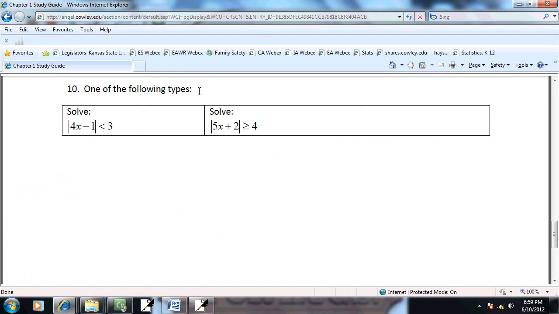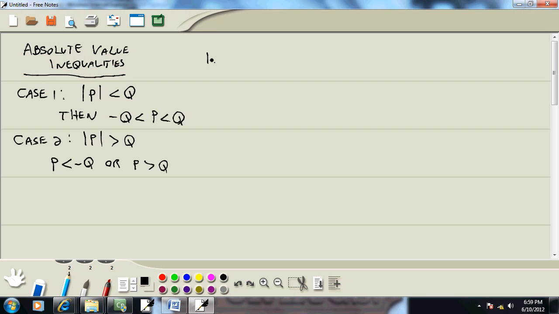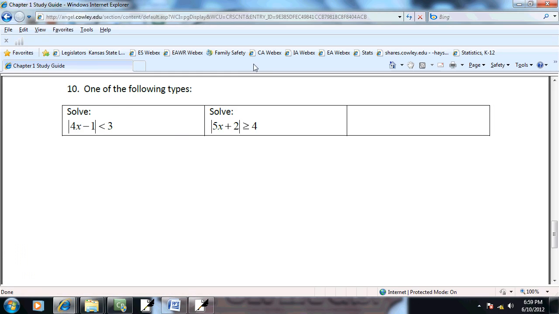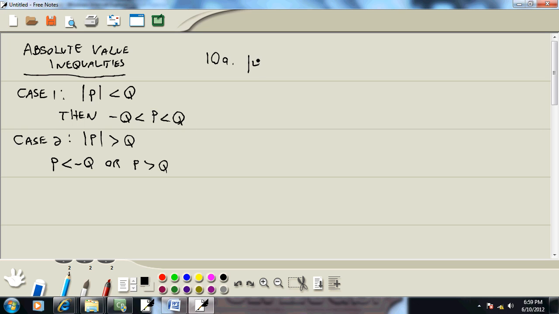So let's look at our examples. The absolute value of 4x minus 1 is less than 3. Now you have to have the absolute value by itself on the left side, which it is. There's no numbers in front of it, no numbers after it. So here's a less than symbol, so this is going to be case 1.